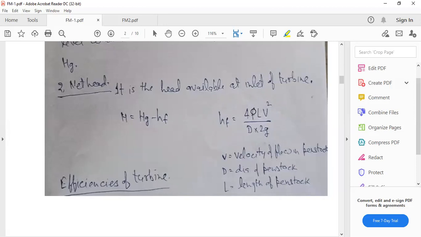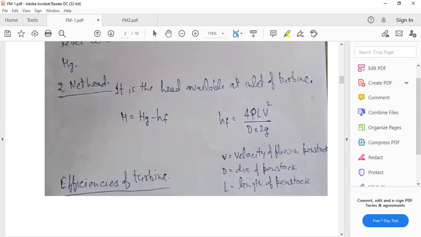Okay, so we have two heads available in the turbine. One is gross head, the difference between head race level and tail race level when no water is flowing. And net head, the difference between gross head and friction head is known as net head.